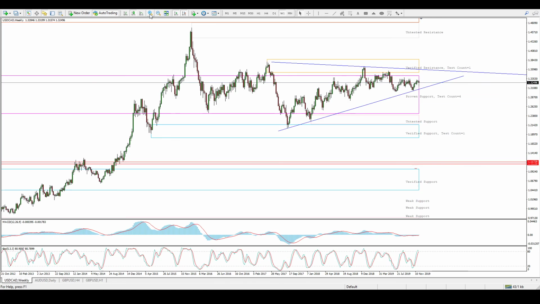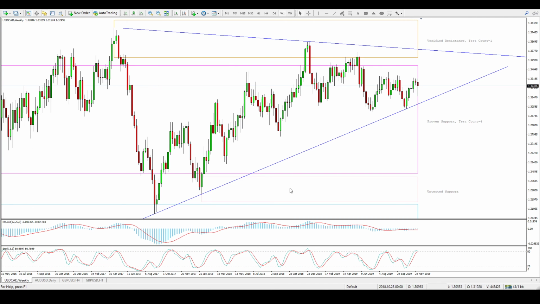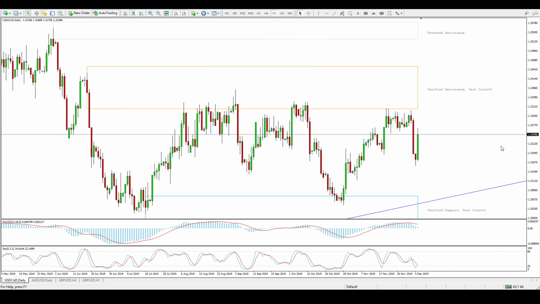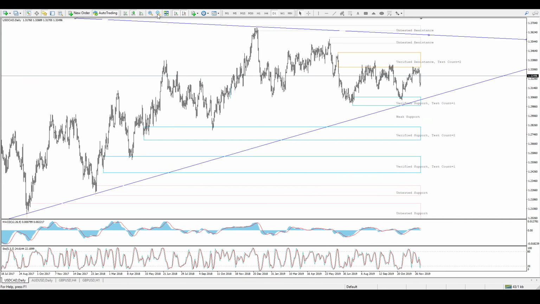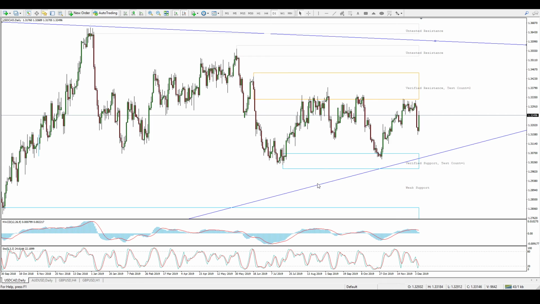Okay, let's zoom in, and our trend line shows exactly what we've been dealing with. Price up, price down, price up, price down. Let's look at the daily. Zoom out. Zoom in. Okay, the daily trend line.